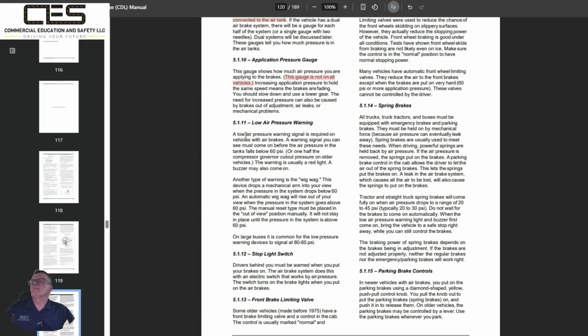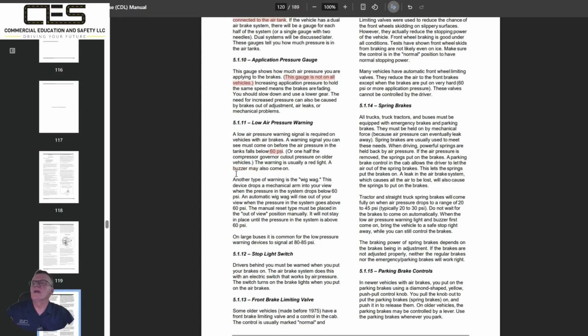So I'm going to read this a little bit. A low air pressure warning signal is required on vehicles with air brakes. Required. A warning signal you can see must come on before the air pressure in the tanks falls below 60 psi. The warning is usually a red light. A buzzer may also come on.